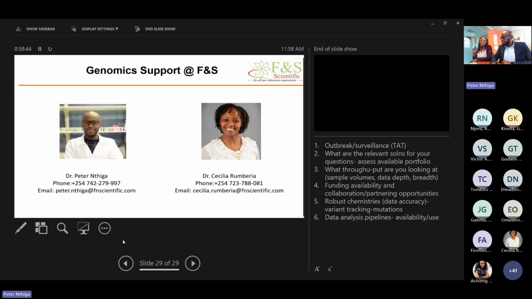It might not be pocket size, but it is friendly for mobility. That's my take on that. Absolutely, yeah. So the MiSeq i100, they say it was designed for Africa to address aspects like infectious disease surveillance. So it's such a handy tool to try.